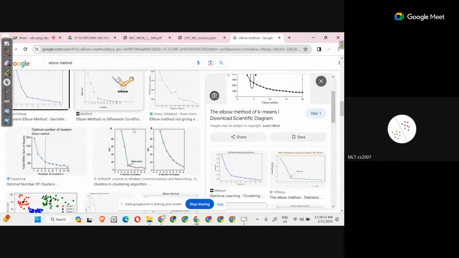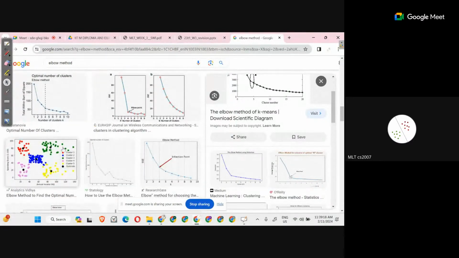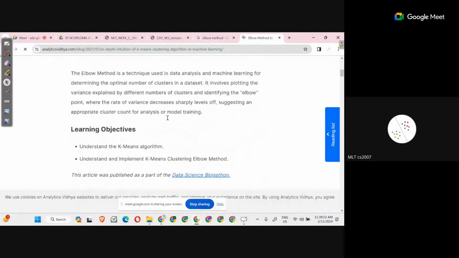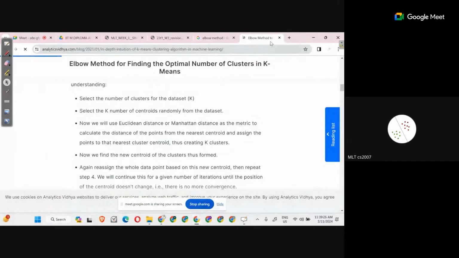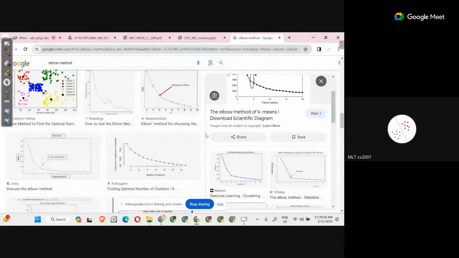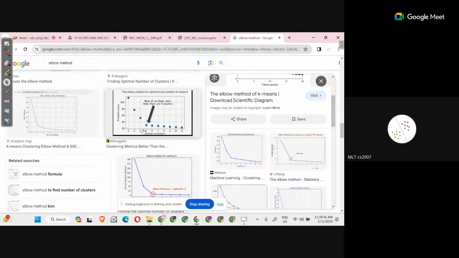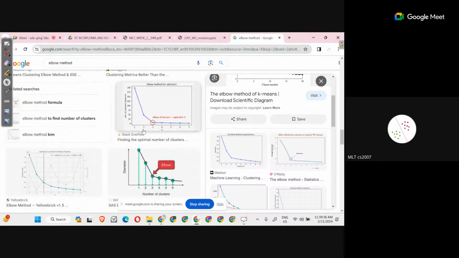You will see different graphs or cases where these elbow points are not very clear. Actually, there is a toy data set in scikit-learn, which is the Iris data set. From the domain knowledge, we know how many species are there. But if you see this shape, the maximum slope is coming at some other point.